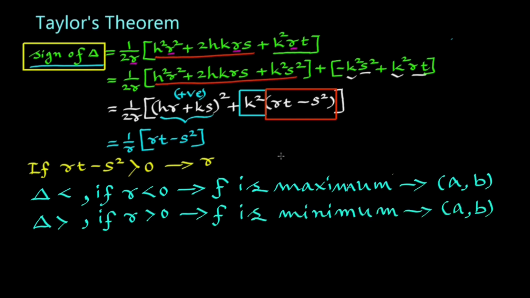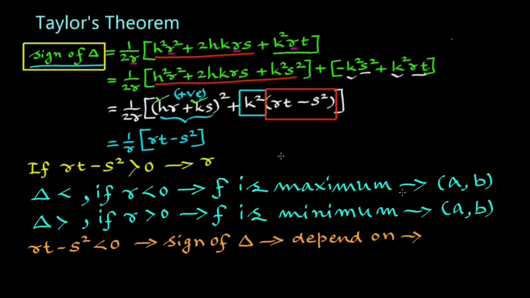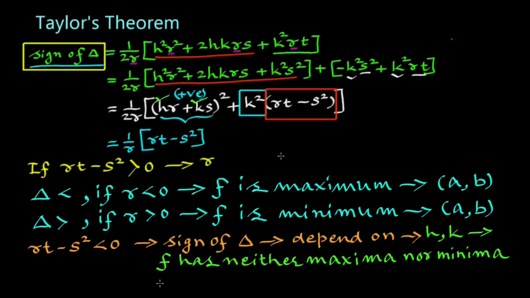Now what if rt minus s square is negative? Then sign of delta will depend on sign of h and k, which means function f has neither maxima nor minima at stationary point (a,b). As such, it will be a saddle point.